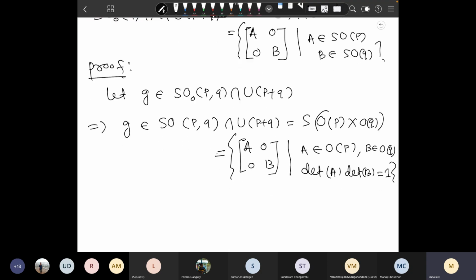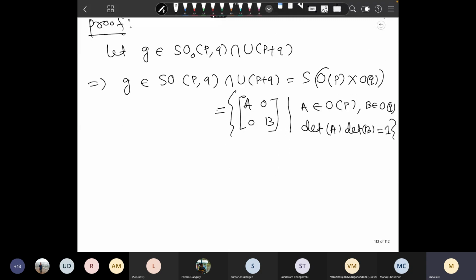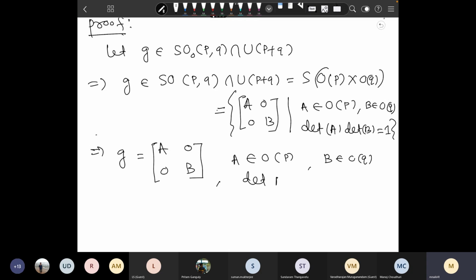So this implies g is of the form A 0, 0 B, so that A belongs to OP and B belongs to OQ, and the determinant of A into the determinant of B is equal to 1.